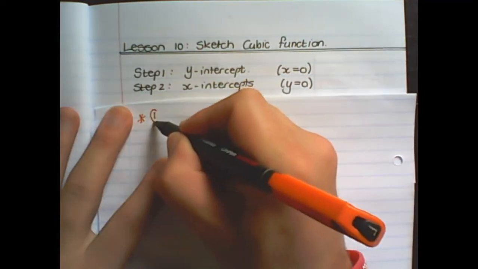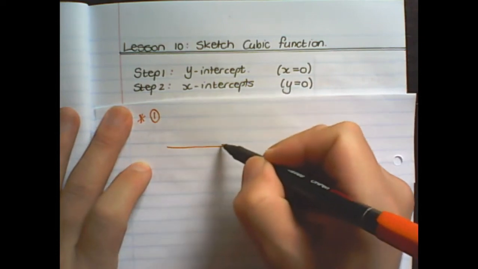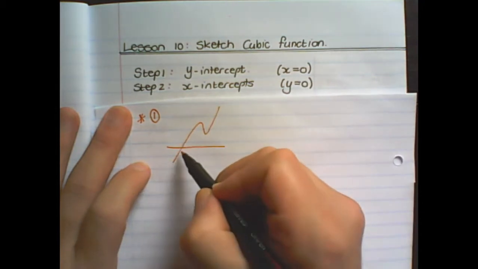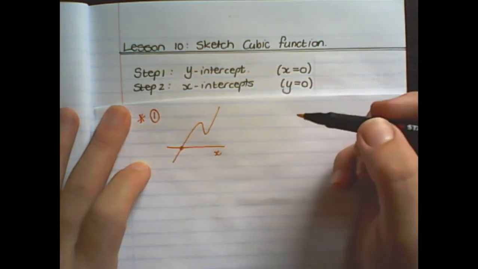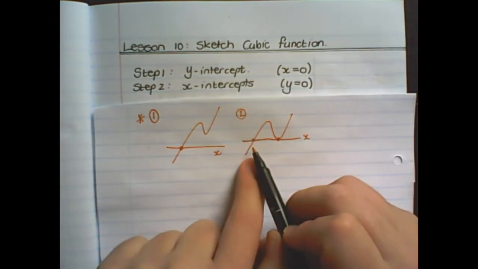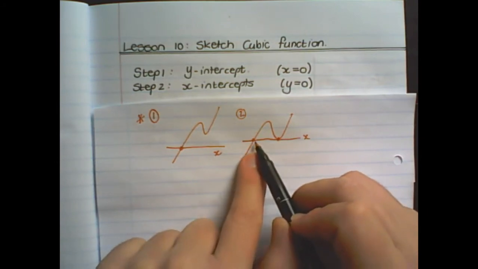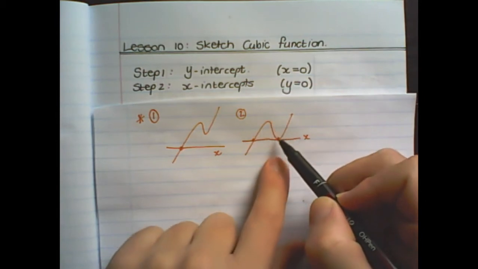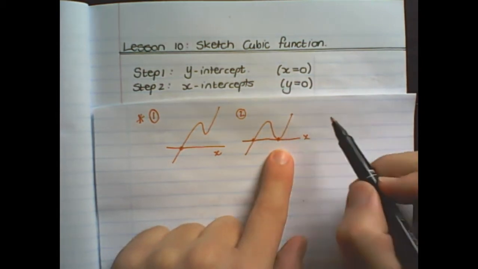There are 3 cases of x-intercepts. The first is where the cubic function only cuts the x-axis once. The second one is 2 x-intercepts, where one value is the cubic function going through the x-intercept, and the other value would be a turning point on the x-intercept.